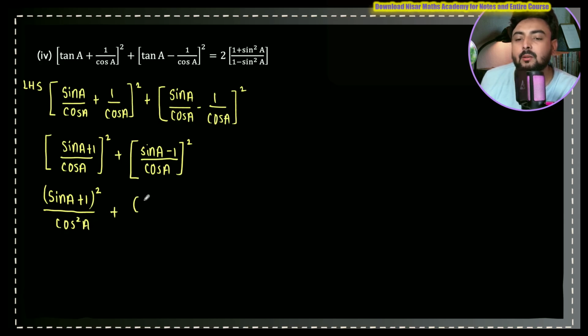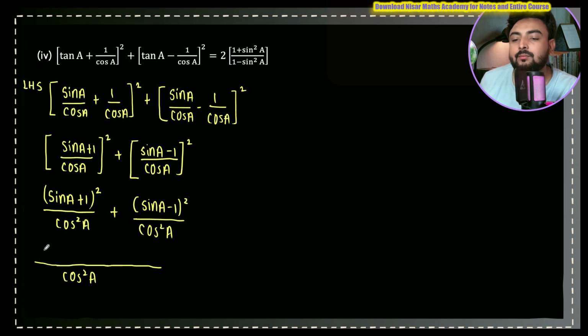Here also I'll separate the power. It will be sin a minus 1 whole square upon cos square a. Okay, now the denominators are same. Write the denominator once. That will be cos square a, and if addition is there, do addition. If subtraction is there, do subtraction in the numerator. So here we have sin a plus 1 whole square plus sin a minus 1 whole square.